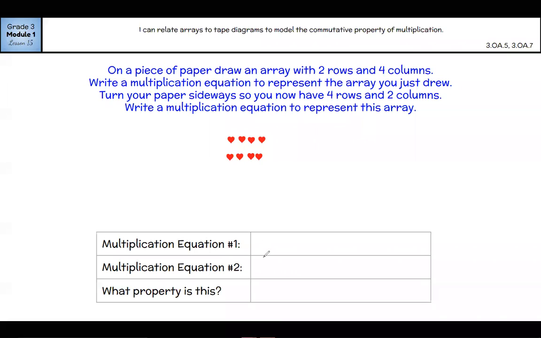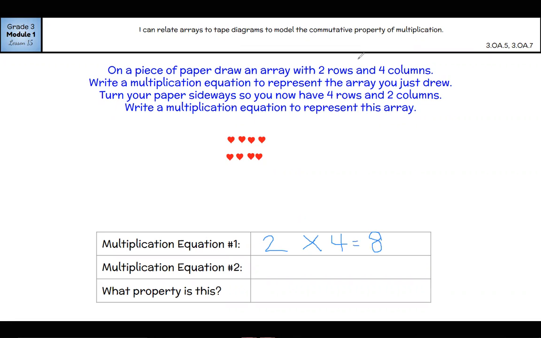Okay, so my first multiplication would be 2 rows of 4. That's how I say it when I write it, just to remind my brain I'm showing 2 rows of 4, and that equals a total of 8. Okay, so we did that part. Turn your paper sideways so you now have 4 rows of 2.